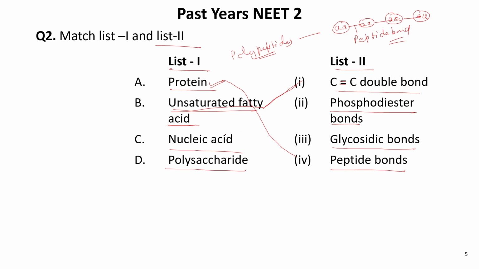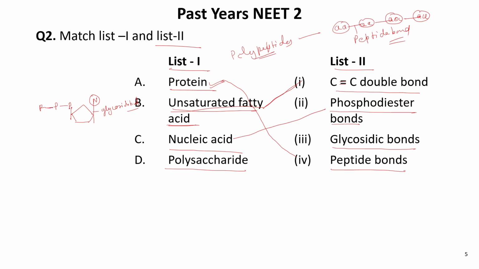Got it? Next, nucleic acid, very important, phosphodiester bond. So we are having ribose sugar, we are having this nitrogenous base, that could be purine or pyrimidine, and here is the glycosidic bond, and here this is the 5th carbon, and here we are having the phosphate group. I'm just drawing a rough sketch.